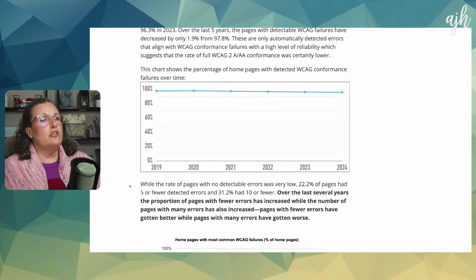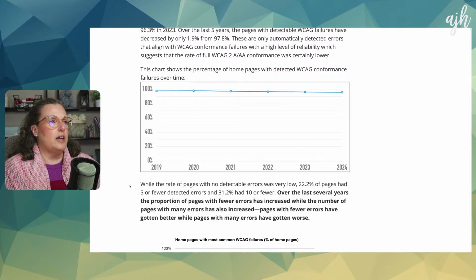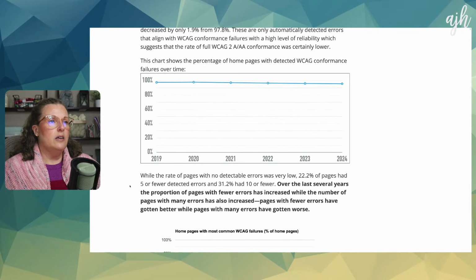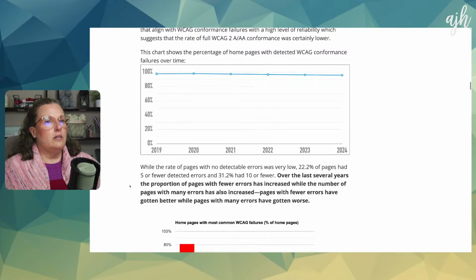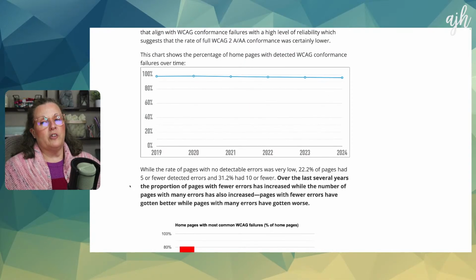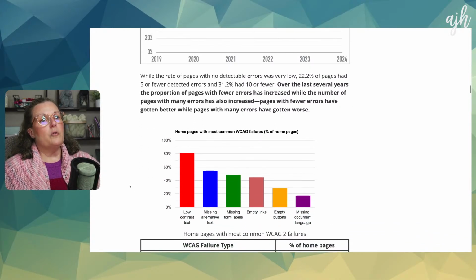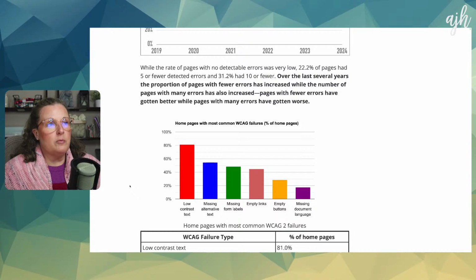So this chart shows the percentage of home pages with detected conformance failures over time. And again, it varies by percentage points from year to year, but not by much. So while the rate of pages with no detectable errors was very low, 22.2% of pages had 5 or fewer detected errors, and 31.2% had 10 or fewer.